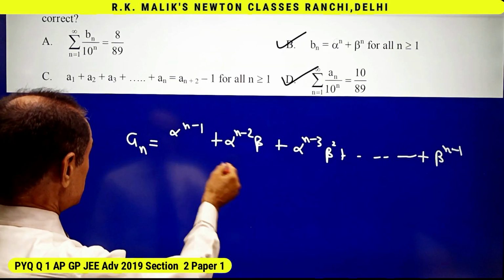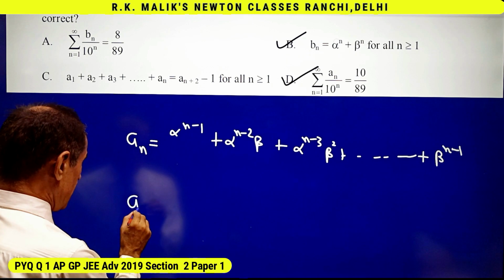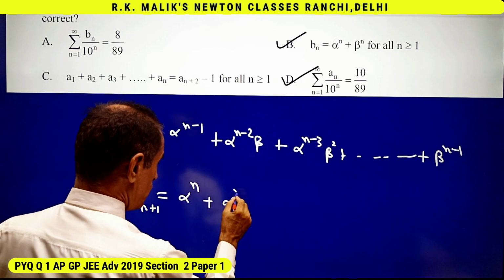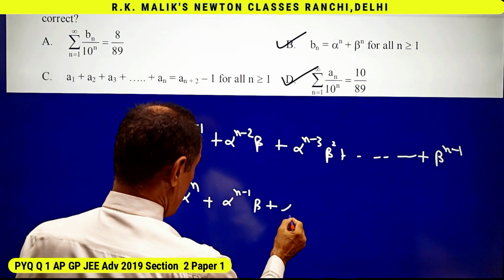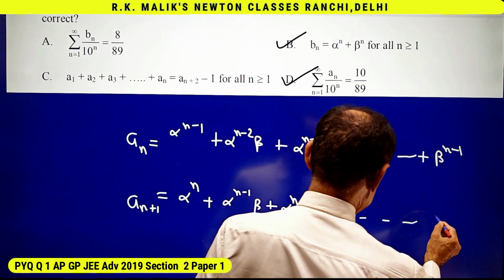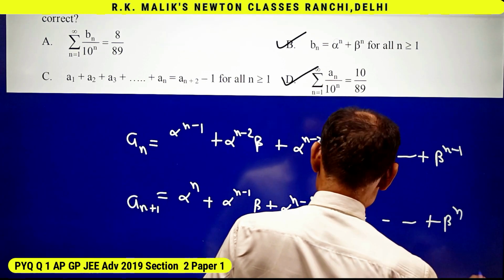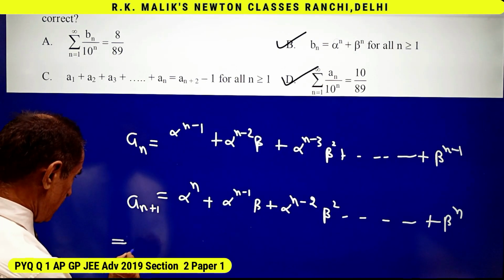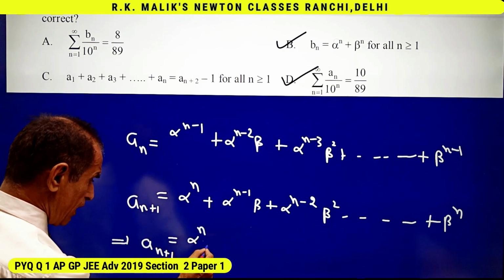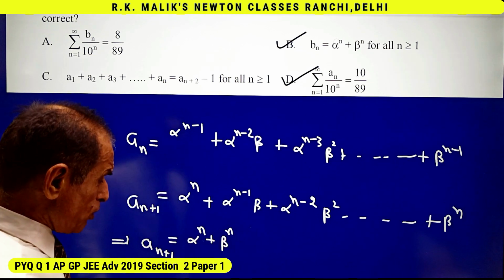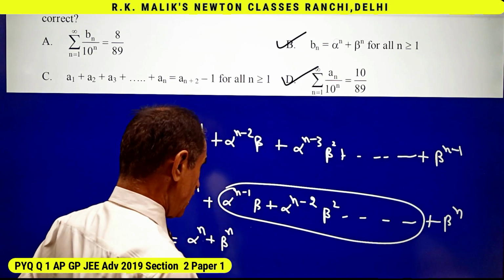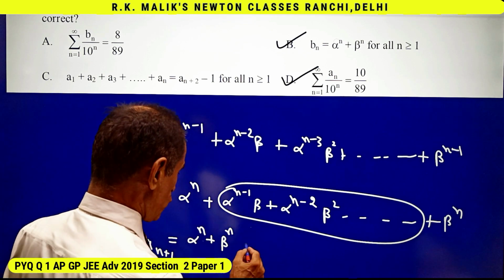And now, keeping this result in mind, I get the value of A(n+1) as alpha to the power n plus alpha to the power n minus 1 beta plus alpha to the power n minus 2 beta square, and the last will be beta to the power n. And this implies that A(n+1) is equal to alpha to the power n plus beta to the power n, and from these terms I can easily take alpha beta common.